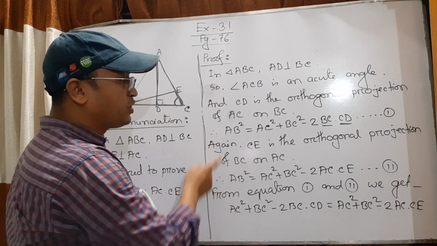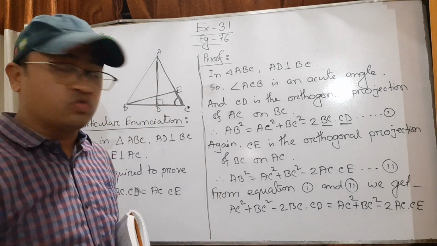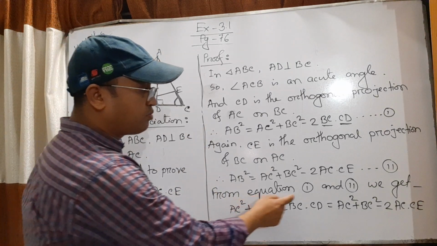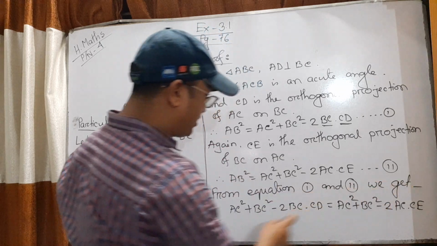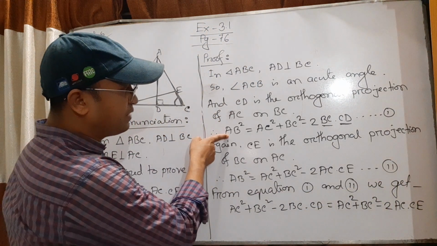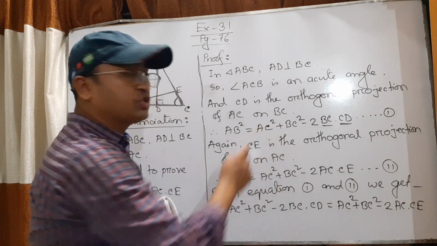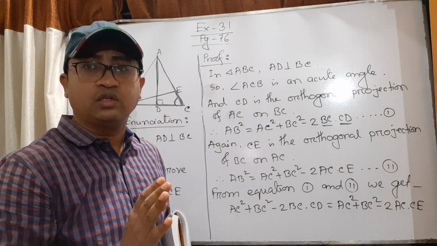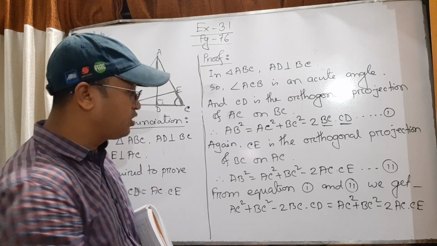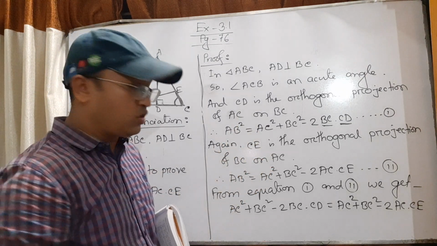So from these two, equation number 1 and 2, we get: this is AB square equal to, and this is also AB square. So these two equations are equal; the right sides will be equal.